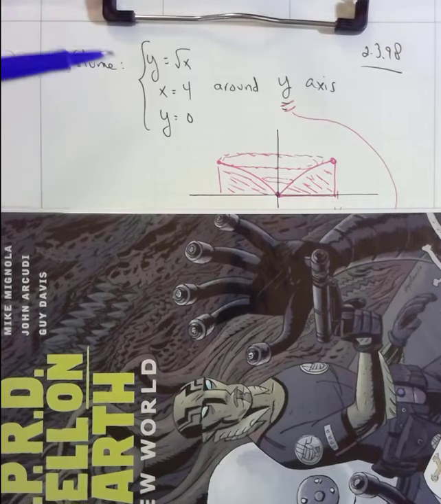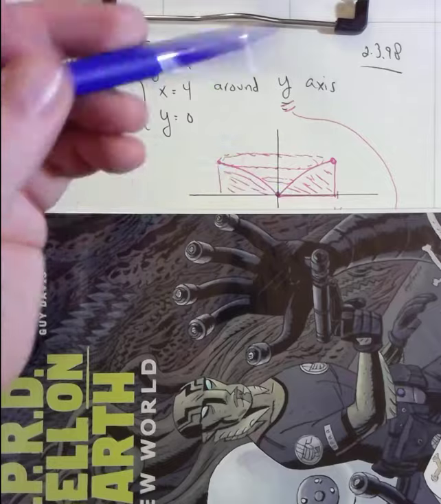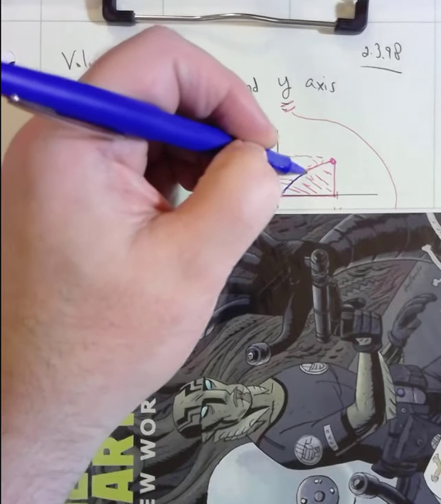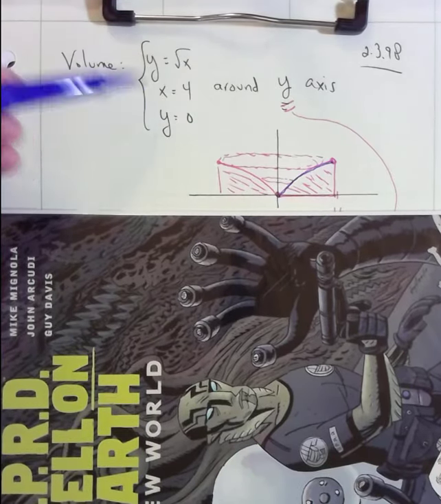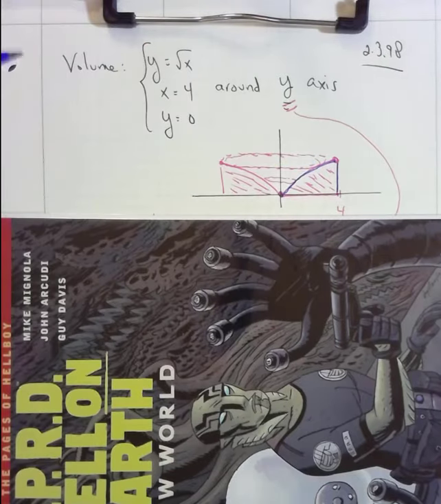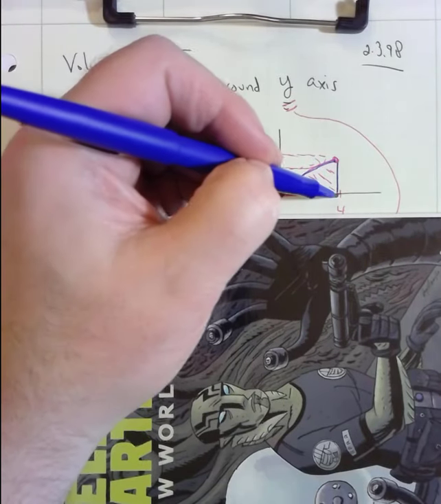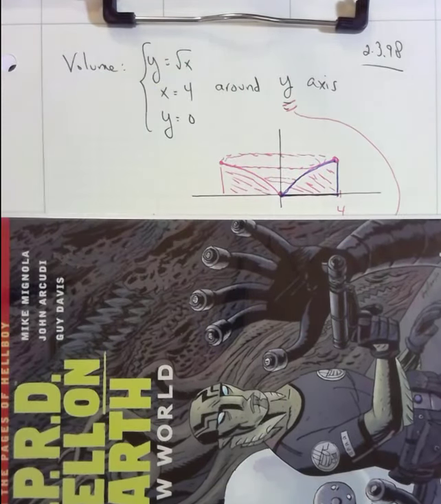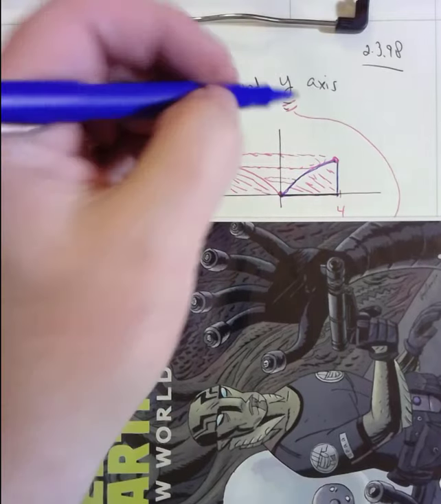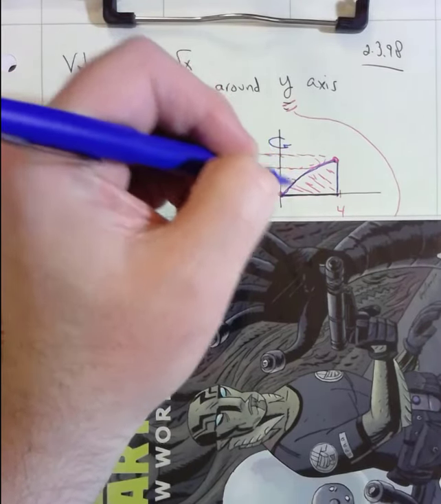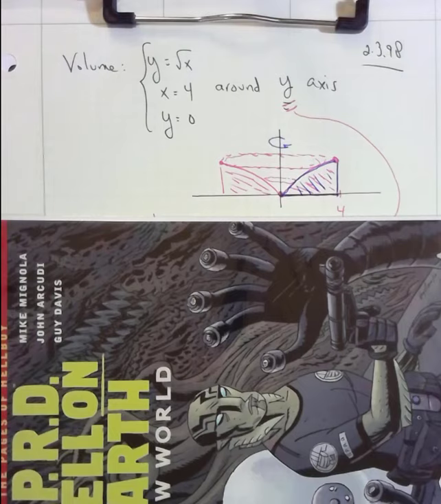We are going to take the region that's in between these three curves: y equals square root of x, which is right here, and x equals 4, which is right here, and y equals 0, which is right here. And we are going to take that region and revolve it around the y-axis.